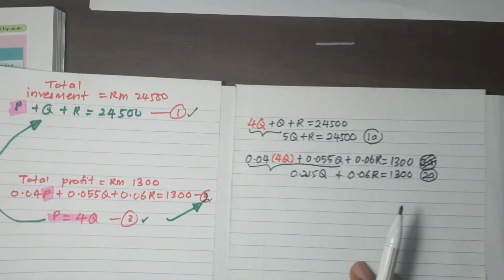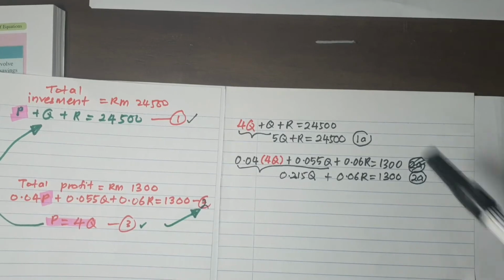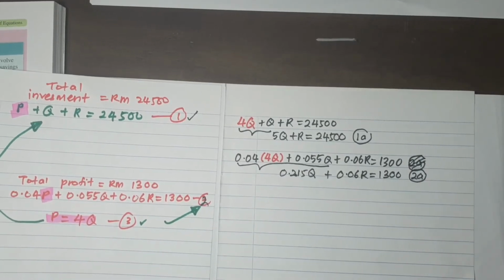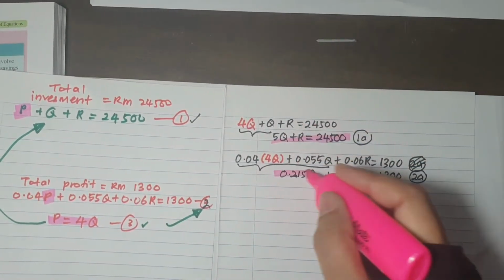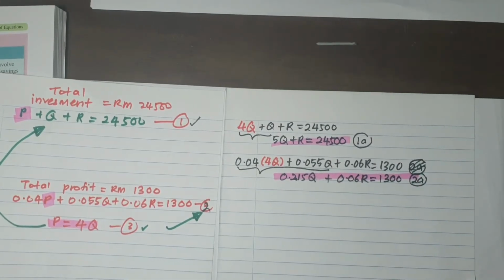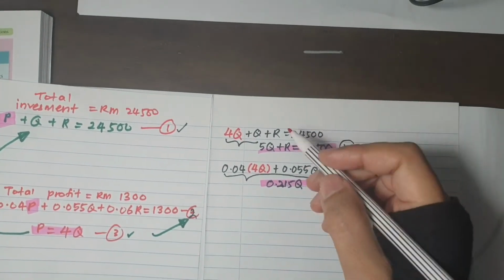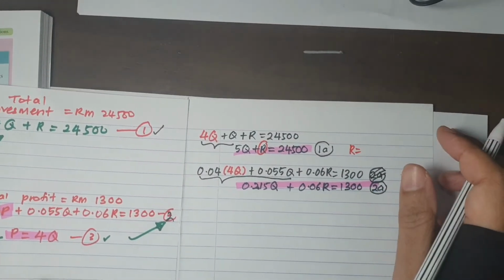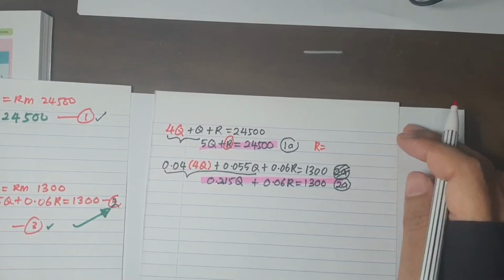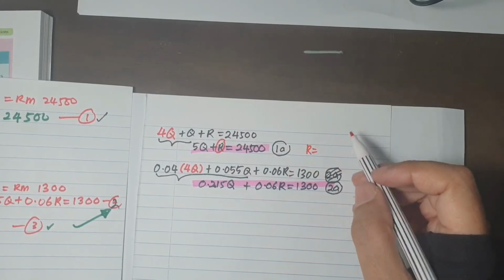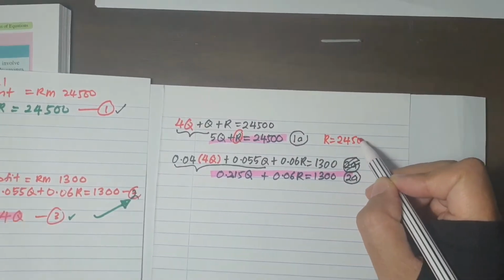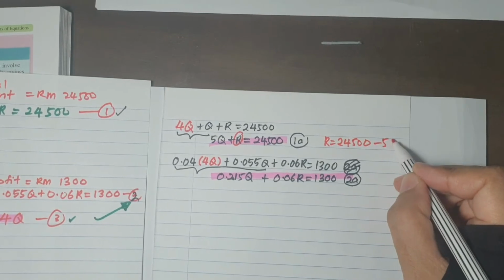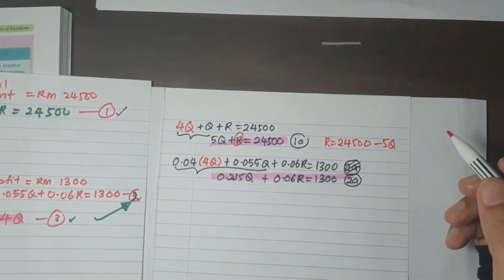So once again, let's solve these two equations. Let's use substitution method. Now I can see I can make R as my subject from 1A. From 1A, let's make R as your subject. You will have 24,500, positive become negative, minus 5Q.